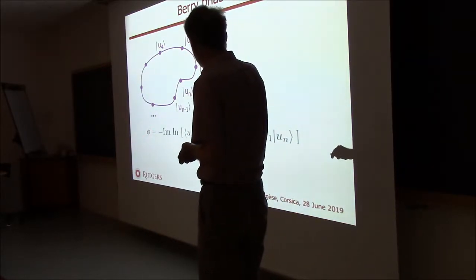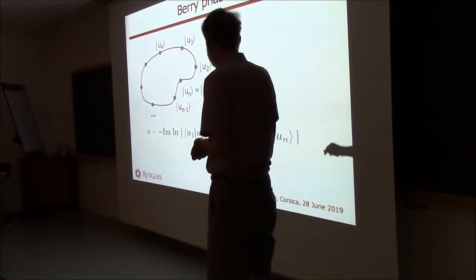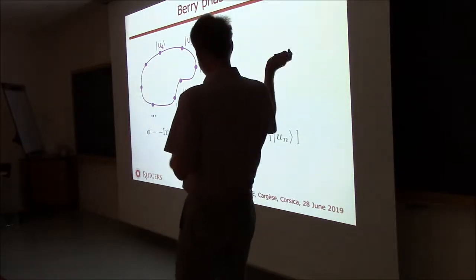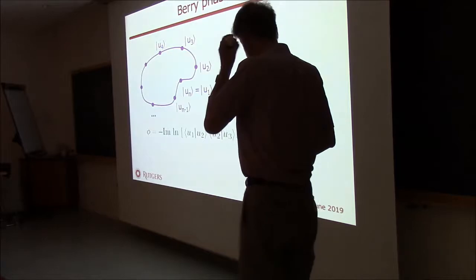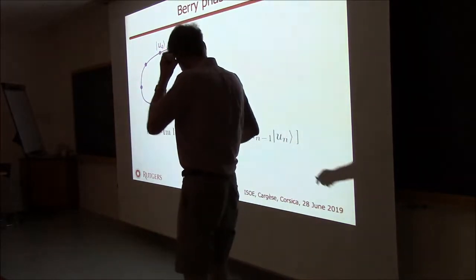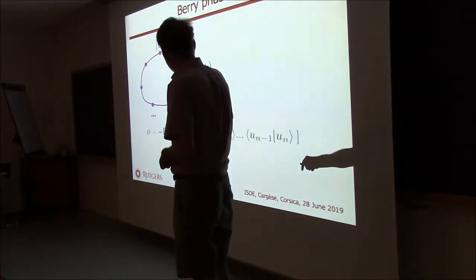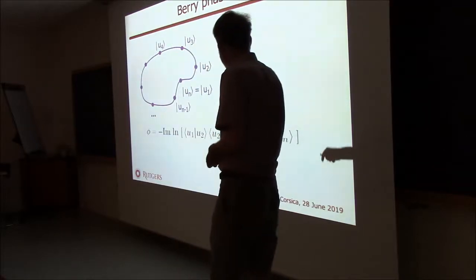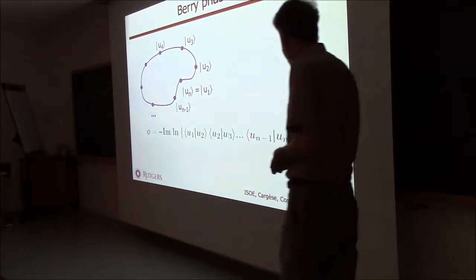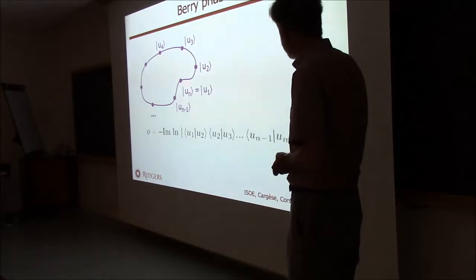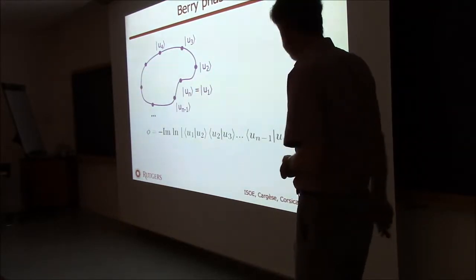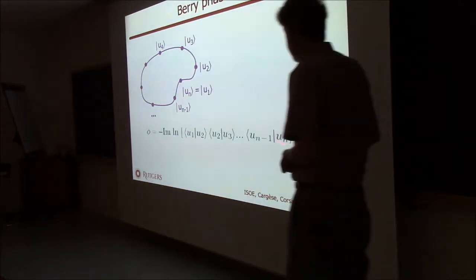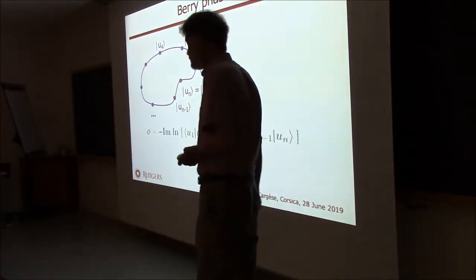The phi is minus the imaginary log, which is just the phase angle of this object as a complex number. And what I do is I take the inner product of u1 with u2, and then u2 with u3, and keep going until I get u_{n-1} with u_n. So I take the product of inner products of all these wave functions as I go around the loop, and I call that thing phi.